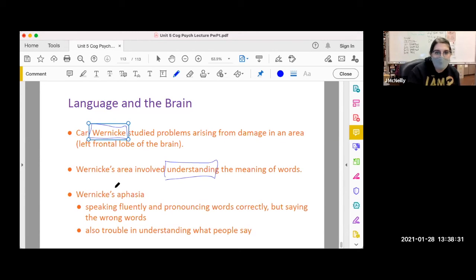So with Wernicke's aphasia, you can speak clearly, but it doesn't make sense. You use the wrong words. You can enunciate, and they can tell exactly what you said. It's just difficult to comprehend. And you also have difficulty understanding what people are saying to you.